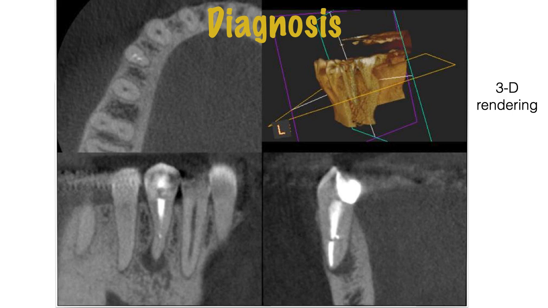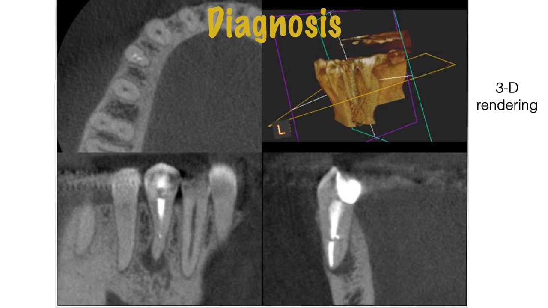So here in the coronal view, you see that there's the lesion there. Sagittal view, what do you see? That the lesion is more on the lingual side. We also see, yeah, there's a little bubble there. We don't want that, we know. But there's a little bit of sealer that went towards the lingual, and we can see that there is a second canal that went to the lingual side, and it wasn't treated.